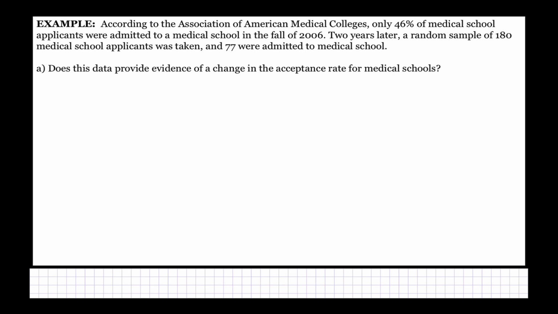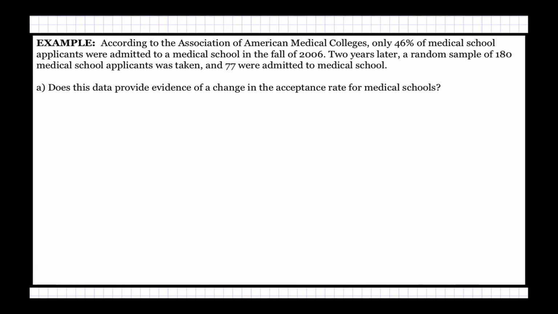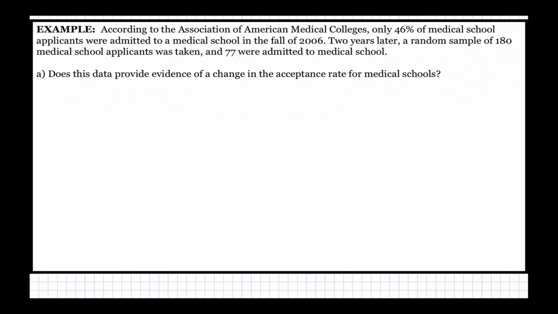Okay. So what information could I pull that would be important? 46%. Yep. What is that going to be? P. Good. That's the claim. 46%. Good. What else do I know? P hat.